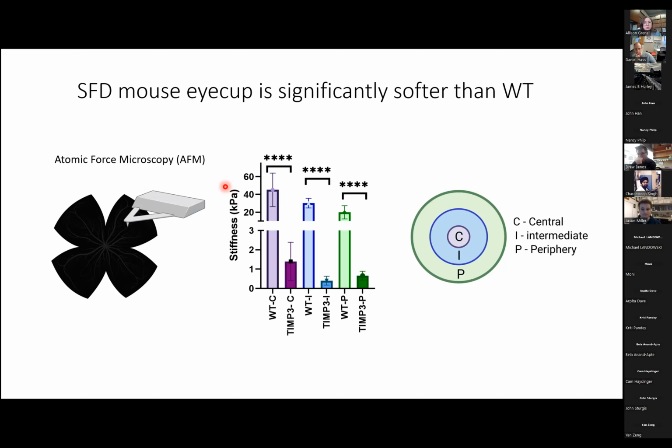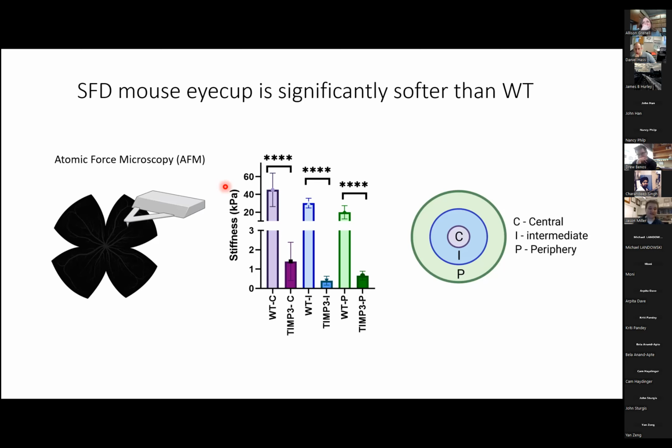I haven't seen it with Sorsby's, but I know that people have done it with human AMD. I don't necessarily remember all of the changes, but I know that there are RPE changes that happen when you plate RPE cells on AMD Bruch's. Right. The problem is a lot of those experiments involved Bruch's that has been oxidatively modified, so there's a million things that could happen.